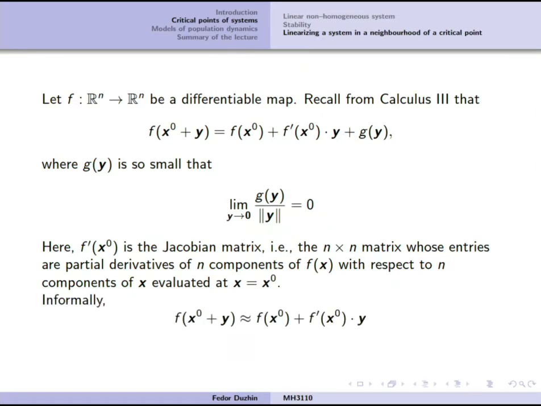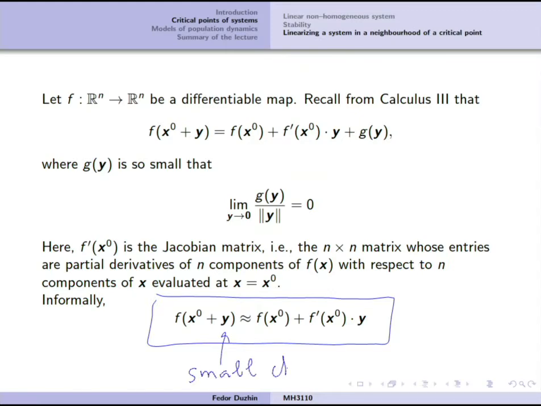So informally, we can write it like this. f evaluated at a point, which is the critical point, plus some small change, is approximately equal to f at the critical point plus the Jacobian matrix times this vector of small change.